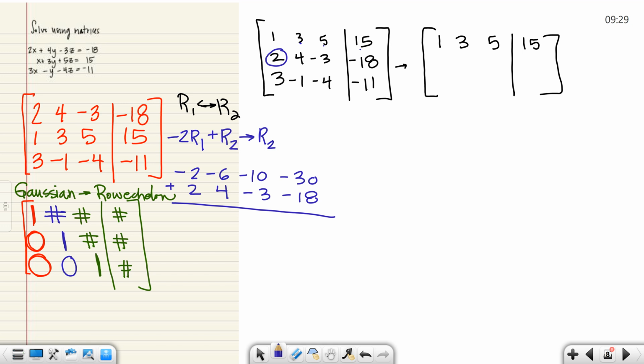And that gives me a 0, a negative 2, a negative 13, and a negative 48. And that's what I get.